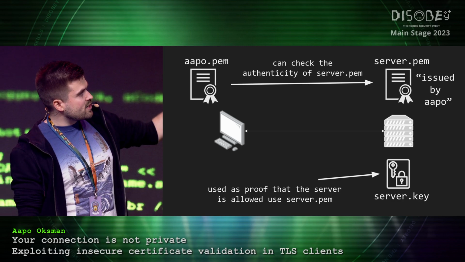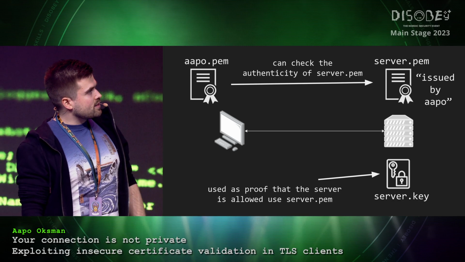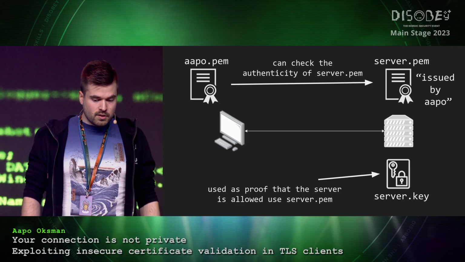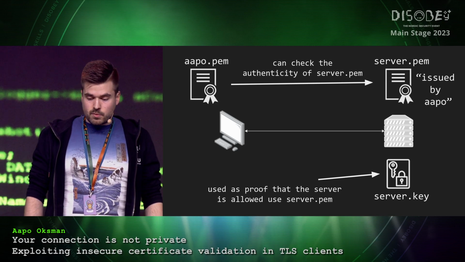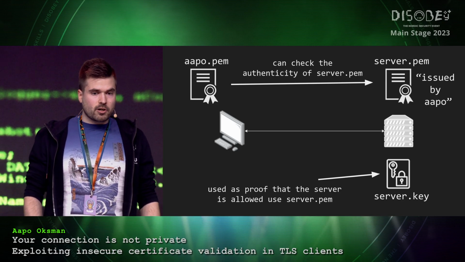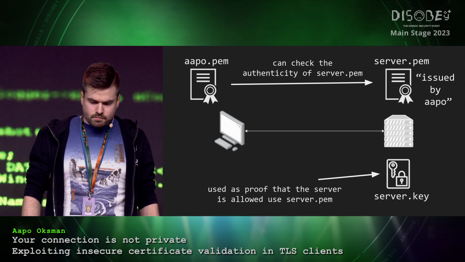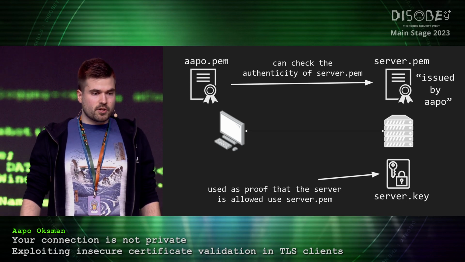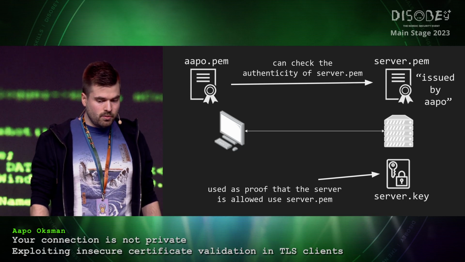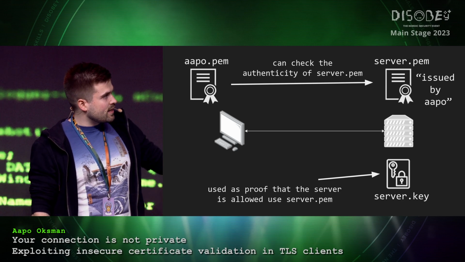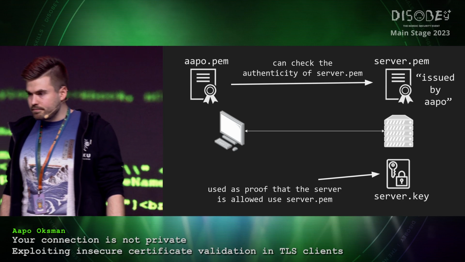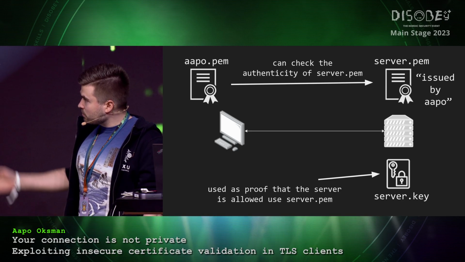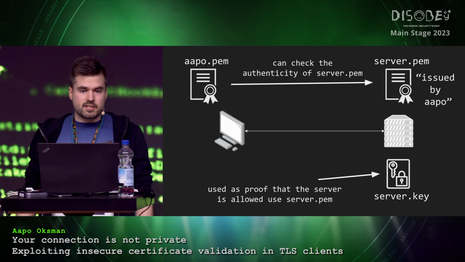So with our certificate, we can check that the server actually is the correct one. So when we start a TLS connection, we are connected to someone. And when we have done the connection, we can then ask the server to verify that, hey, we are now connected to you. Who are you? And they can say that, hey, I am the server. And the server uses its key to make the proof in the TLS connection.